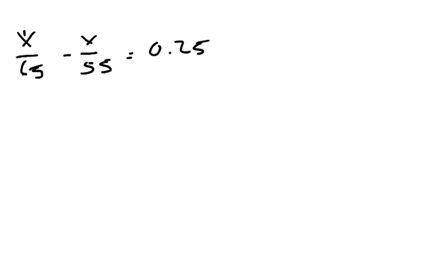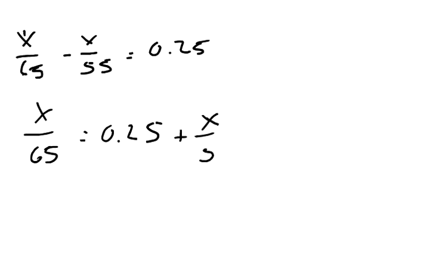So we can go ahead and solve that equation. I'll add x over 55 to both sides, so I get x over 65 equals 0.25 plus x over 55.